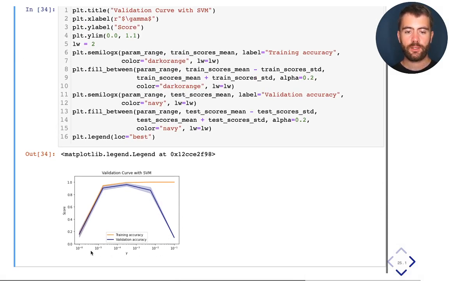On the x-axis I have different values for the hyperparameter gamma, and on the y-axis I have the performance of the model, which is here the accuracy. And for smaller values of gamma, both the validation accuracy and the training accuracy, both curves are similar, and they're also small.